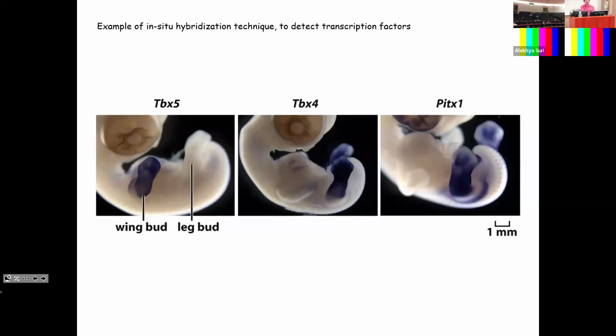And it creates a hybrid with your probe that is labeled blue and the RNA that is in the chick. And then if it recognizes the RNA of a chick, you will see some blue, right? So now we know that TBX5 is a factor of the wing bud, and that TBX4 is a factor of the leg bud.